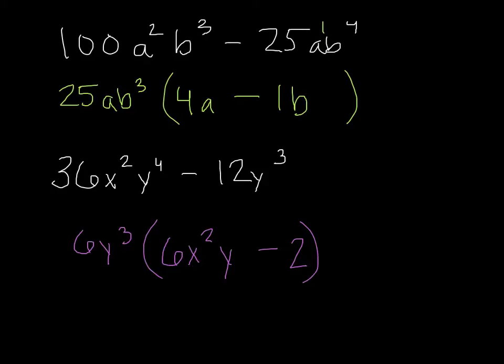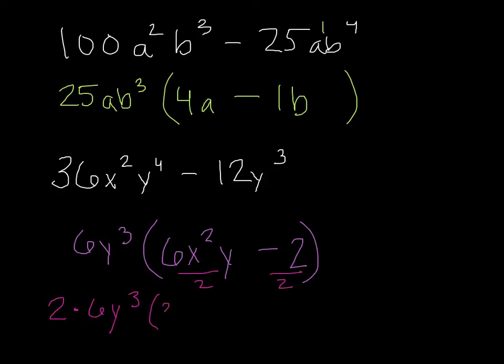So here's what we're going to do, and I'm going to do this in pink so you can see the difference there, like a hot pink color. What we're going to do is factor out an additional 2 as part of the GCF. So I already had a 6y to the third factored out. Now I'm going to factor out a 2 and then divide each of these terms by 2 to get what should be on the inside of those parentheses.